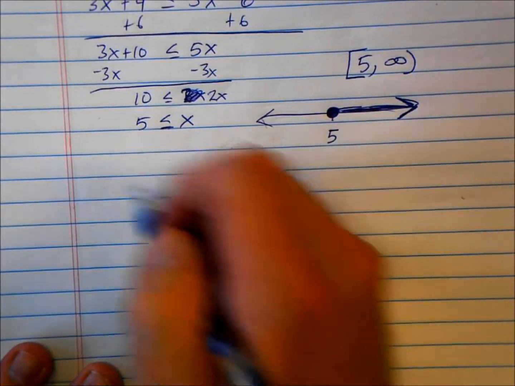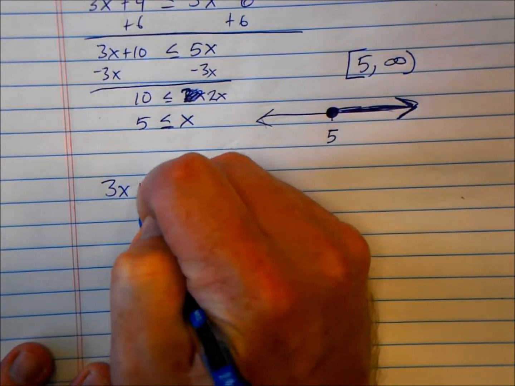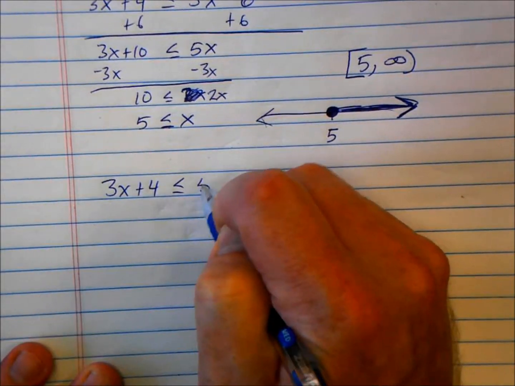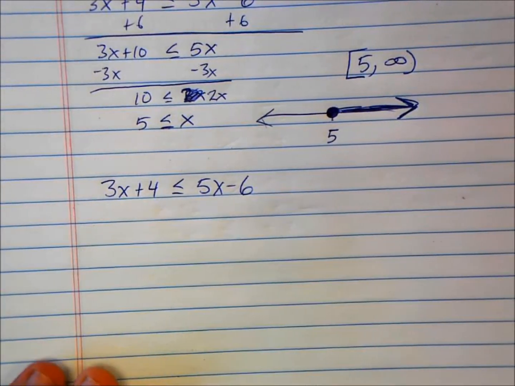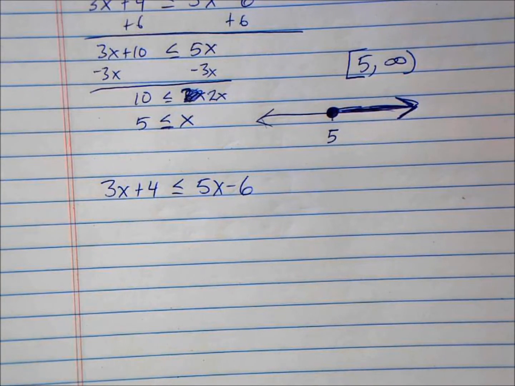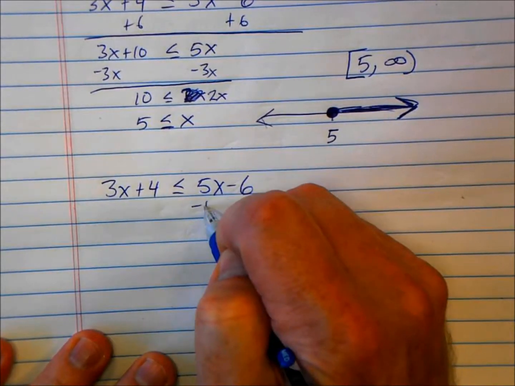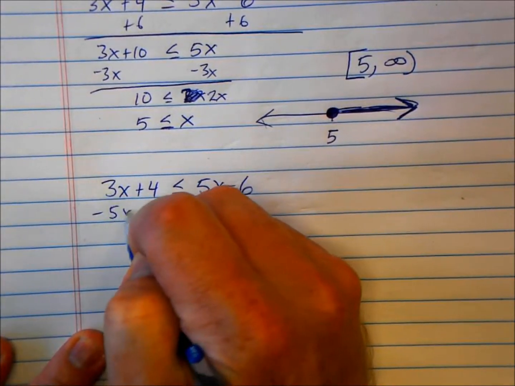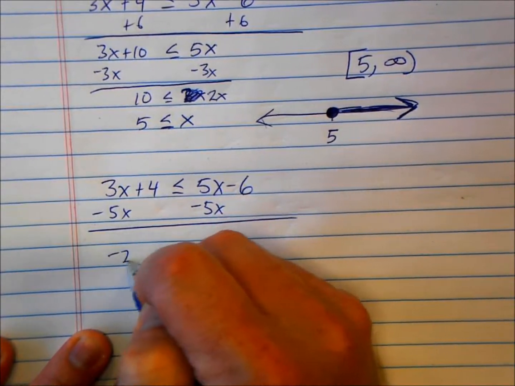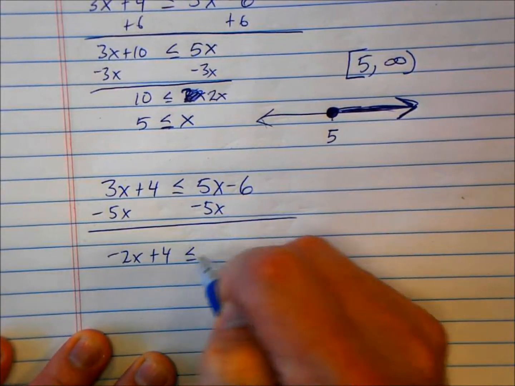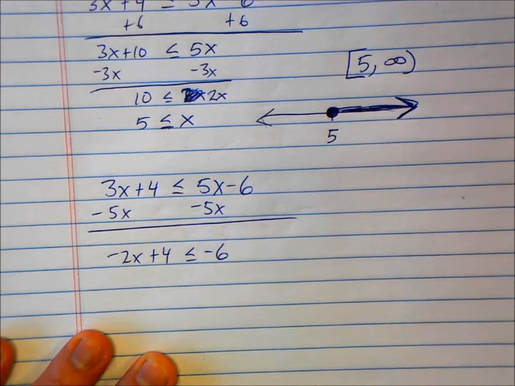All right, so how would this problem be different if we did it again and we put the x's on the left? 3x plus 4 less than or equal to 5x minus 6. We would begin by subtracting 5x: minus 2x plus 4 less than or equal to negative 6.